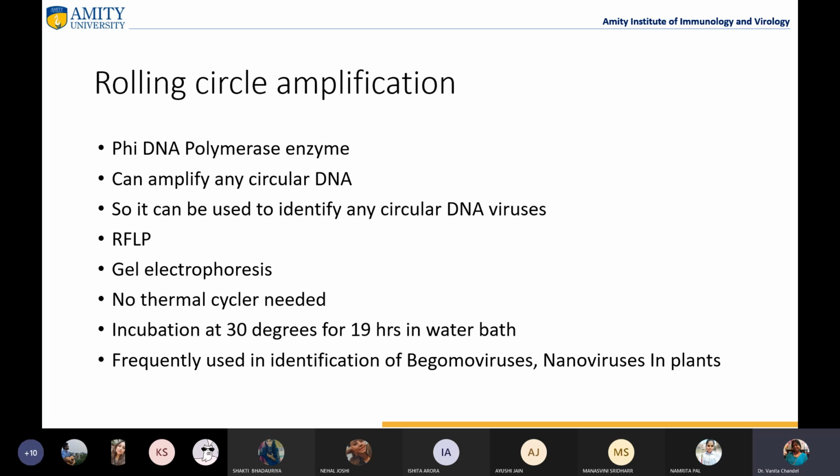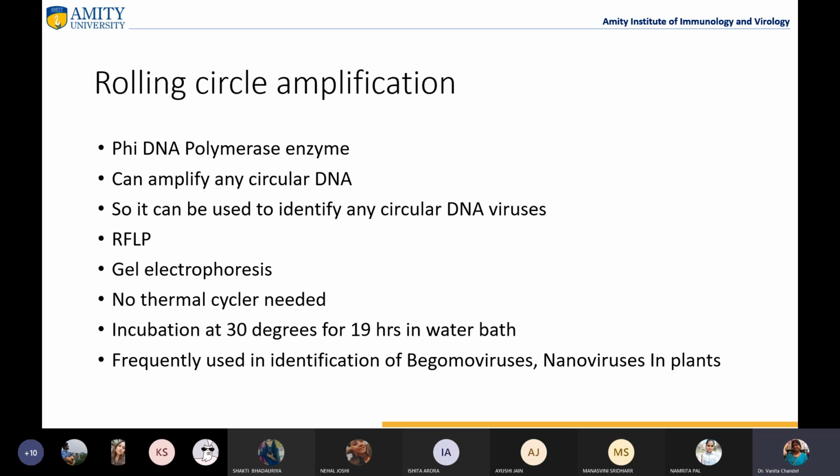Okay, so this was one more method, rolling circle amplification, which is very commonly used these days for detection of circular DNA viruses, right? Only those viruses which have a circular DNA can be amplified by this mechanism. The best part is that we don't need a thermal cycler here.